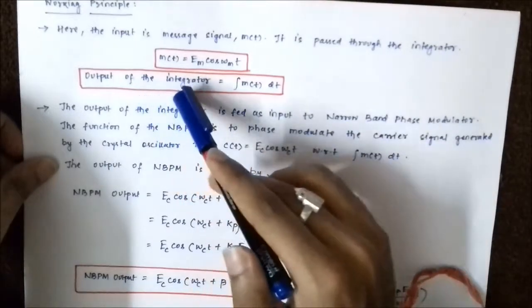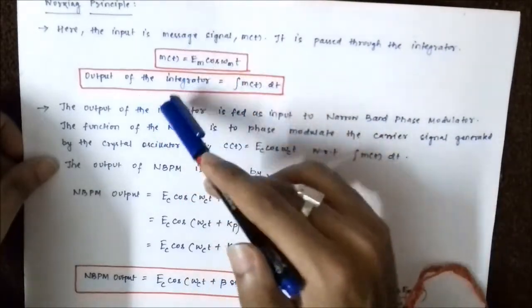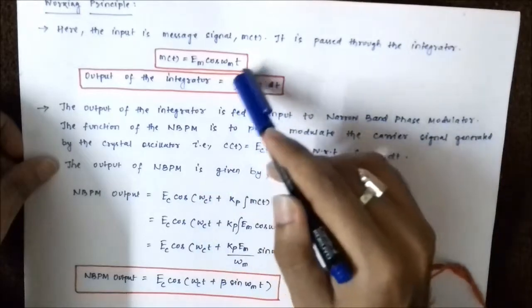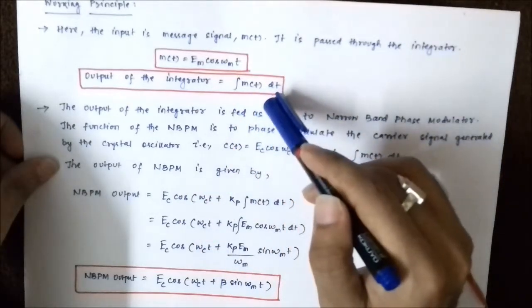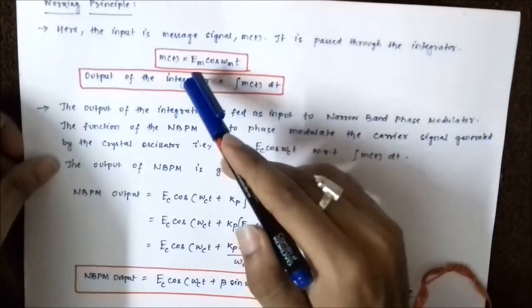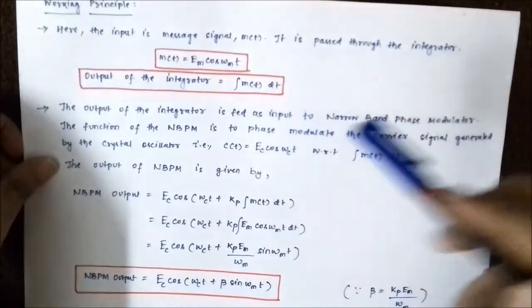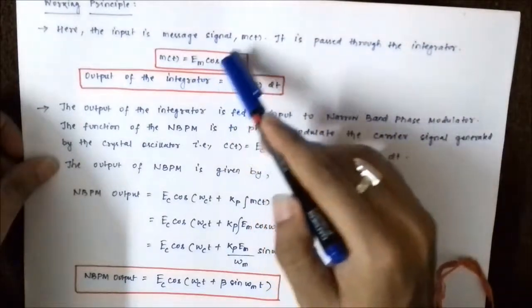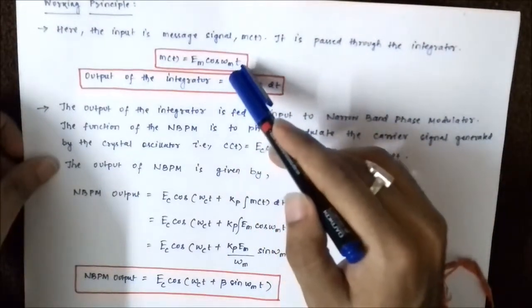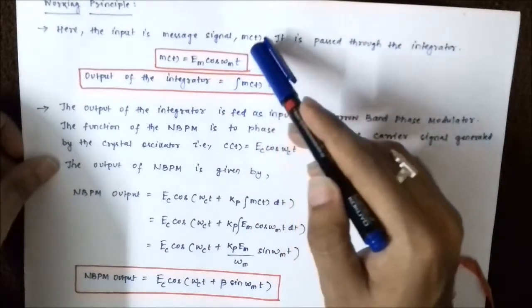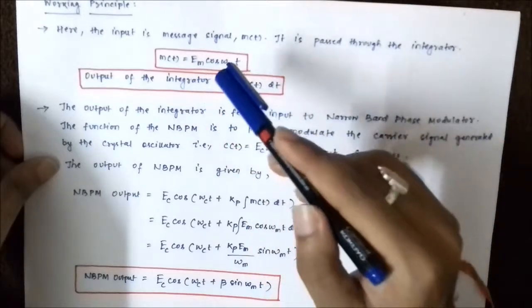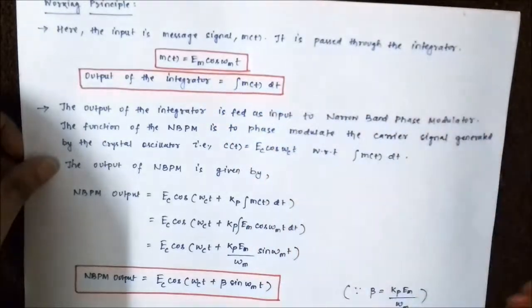The output of the integrator is of course the integration of the above signal, which is integration of m(t) dt. So of course the integration of cos will be sine, and this omega_m constant part will go to the denominator, so we will get Em by omega_m sin omega_m t.